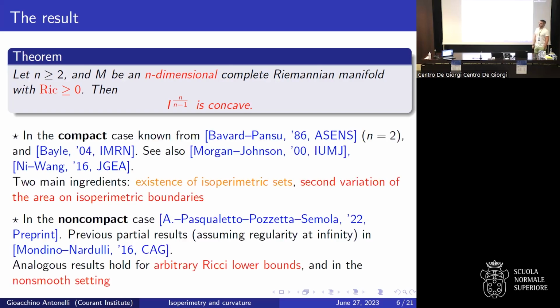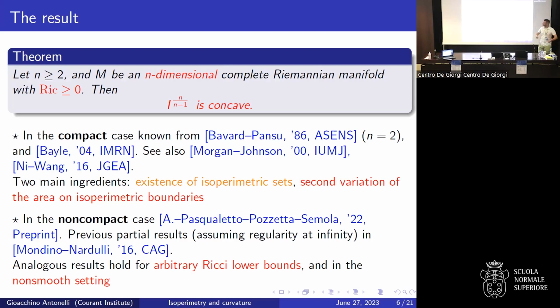This result was first proved in dimension 2 by Pansu and Bavard in '86, as a remark in a paper where they compute the minimal volume of R^2. You can do this in the compact two-dimensional case, and then it was generalized.